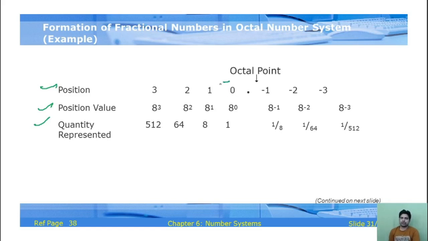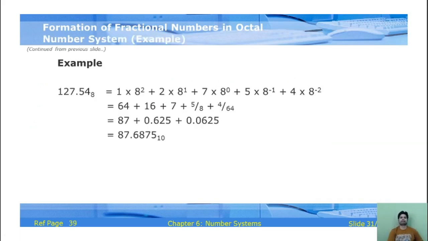So this is 0, 1, 2, 3: 8 to the power 0, 8 to the power 1, 8 to the power 2, 8 to the power 3, that is 1, 8, 64 and 512, the same way as in binary. And minus 1, minus 2, minus 3: 8 to the power minus 1, 8 to the power minus 2, 8 to the power minus 3, and it can be written as 1 by 8, 1 by 64 and 1 by 512. Clear? So this is the formation of a fractional number in an octal number system.